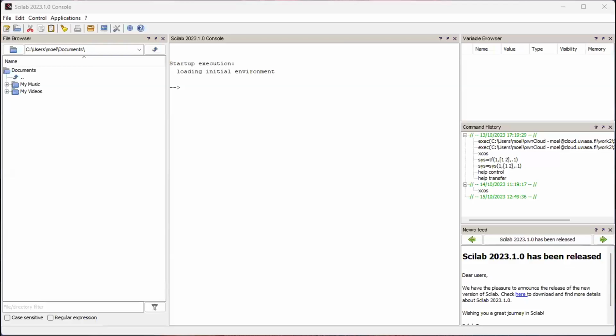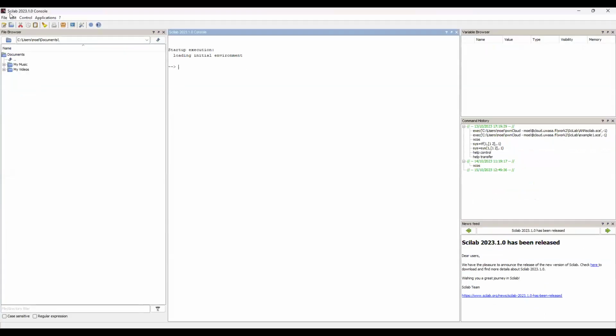It is called Scilab, S-C-I-L-A-B, scilab.org, I think, or .com. If you write Scilab, you will find it. So this is the latest available version. It is also open source and free. It is also similar to MATLAB.